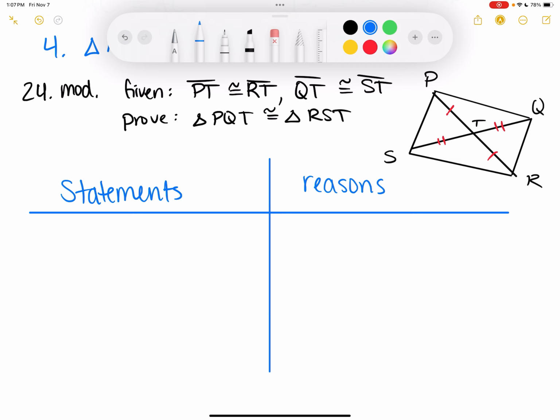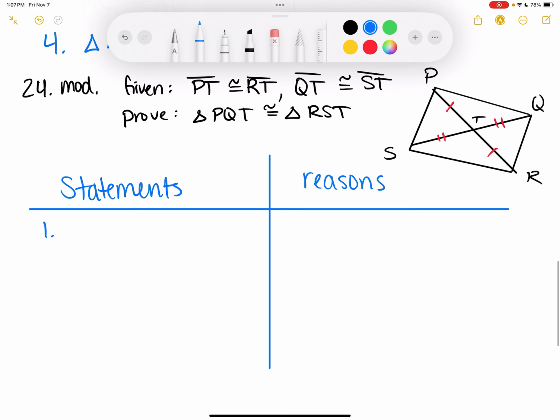All right, so first thing is going to be our given information. So PT is congruent to RT and QT is congruent to ST. Now, ultimately, I'm trying to prove that these triangles are congruent.